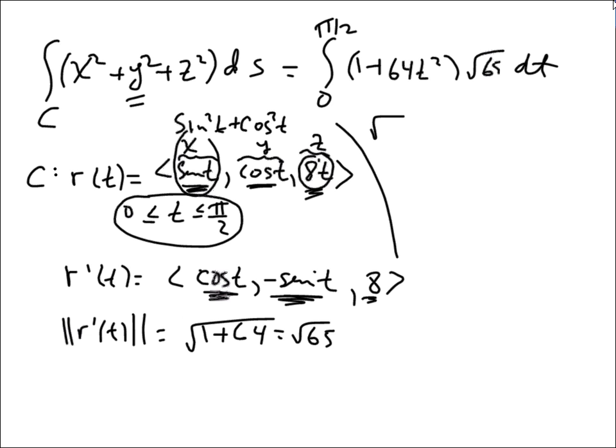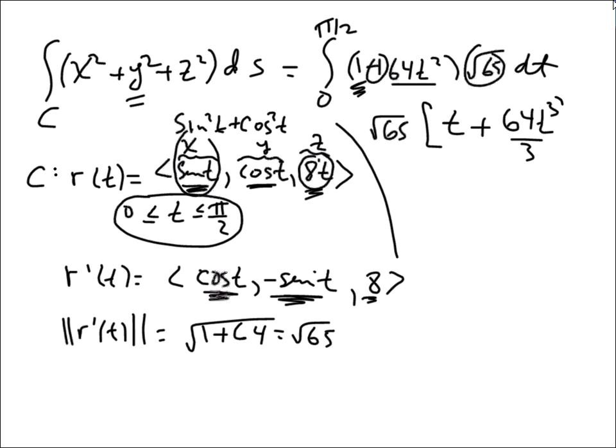Okay, so the square root of 65 I pull out in front. The integral of 1 dt is t plus the integral of 64t squared, which is 64t cubed over 3, from 0 to pi over 2.